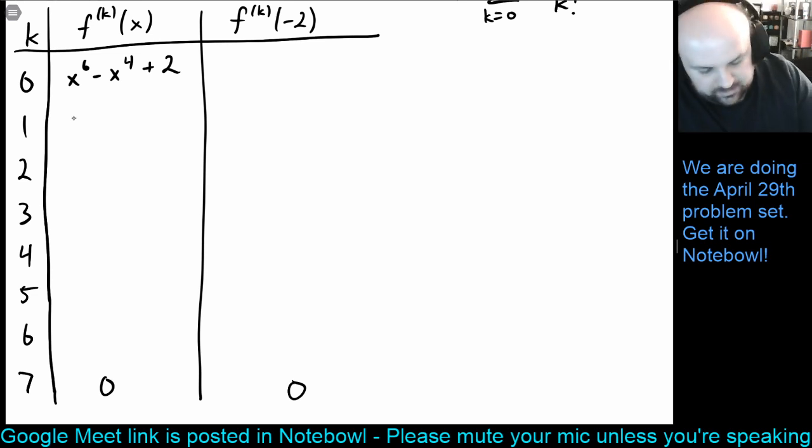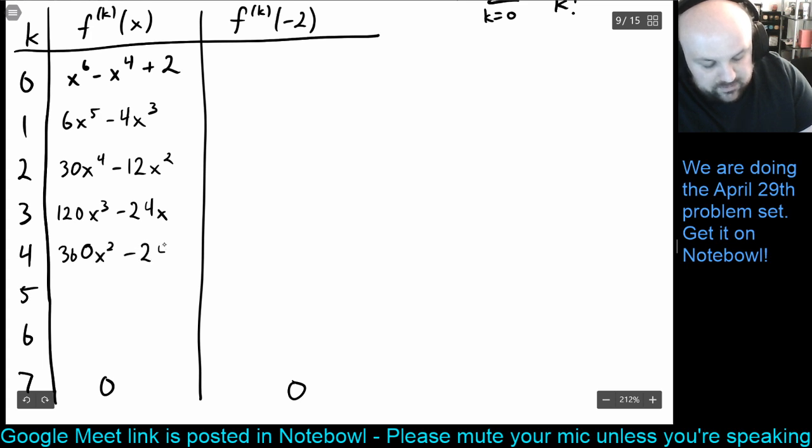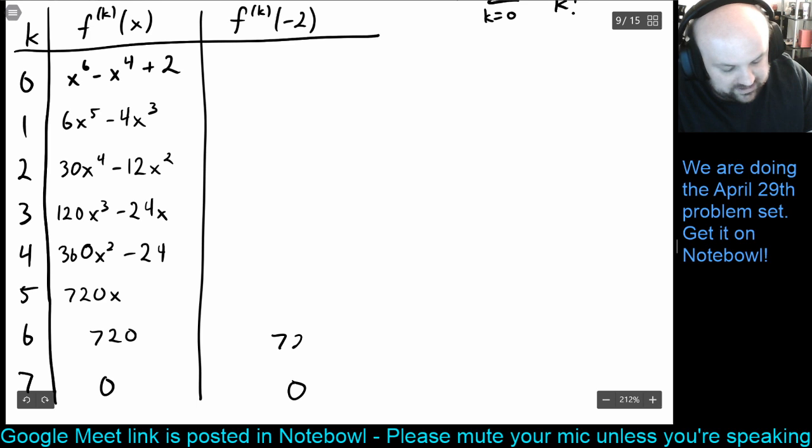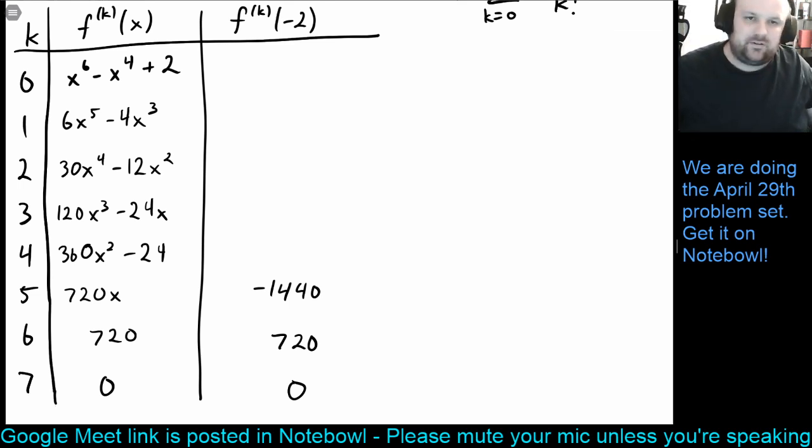So let's compute all these derivatives. 6x to the 5th minus 4x cubed. 30x to the 4th minus 12x squared. 120x cubed minus 24x. 360x squared minus 24. 720x, and 720. Some of these aren't too bad to compute. That's 720. This is minus 440. Some of these are a little more effort.